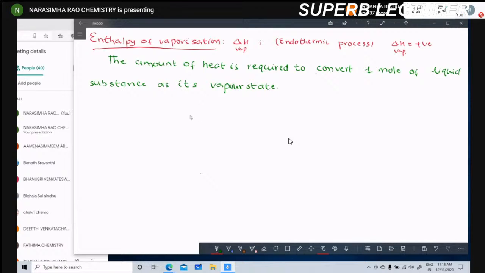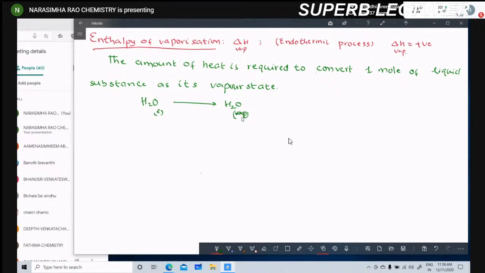For example, children, I am taking water, H2O. H2O is in liquid state. To convert to its vapor state, H2O is in a vapor state or gaseous state. Gaseous is nothing but vapor. Clear, na, children?